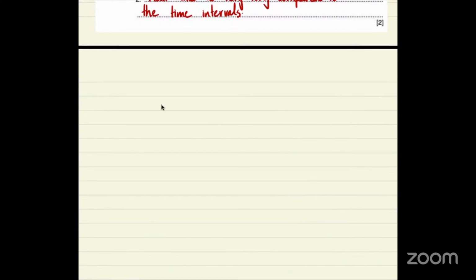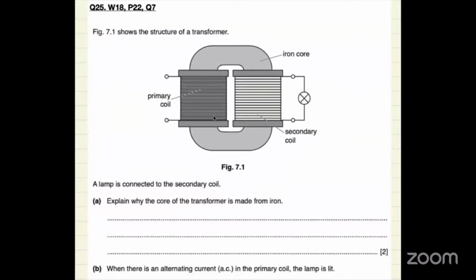I've picked up a few questions here and there from oscilloscopes, transformers, and whatnot, just to give you an overall feel of this. Again, this is the reference to this question.